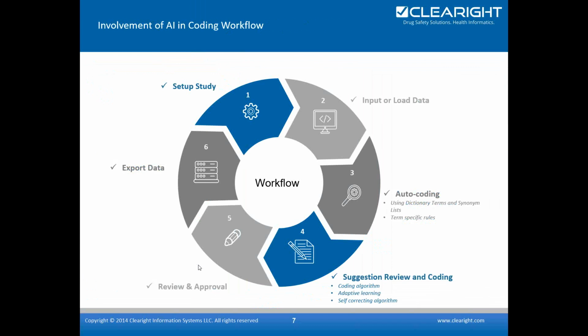The fallout terms from auto-coding can be handled by using self-correcting coding algorithms. Also, adaptive learning of the coding tool adds an extra edge while providing the closest match term from the dictionary. It improves the turnaround time to process the verbatim, and it also improves the quality of coding.